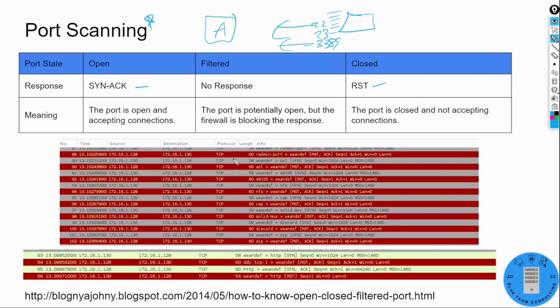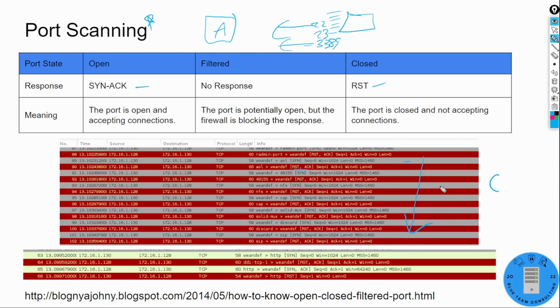So kind of what it looks like in Wireshark, we have a SYN sent in the gray packets here to be scanned for that port, and if the port is closed, you'll get a reset or a reset ACK here. So all of these ports are coming back closed with all of the initial SYN packets sent.